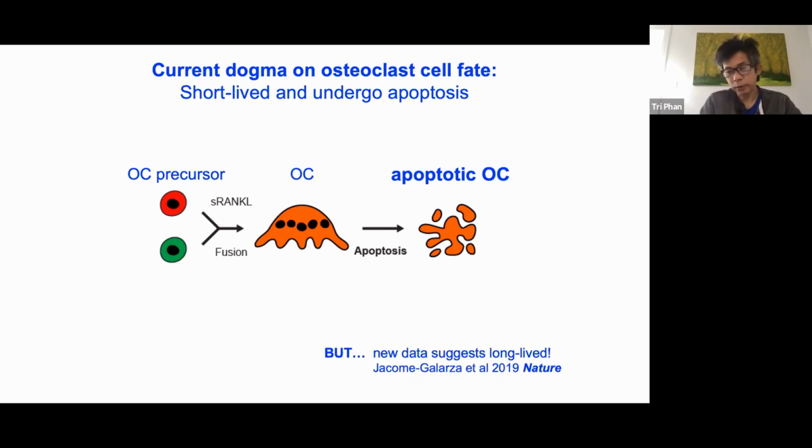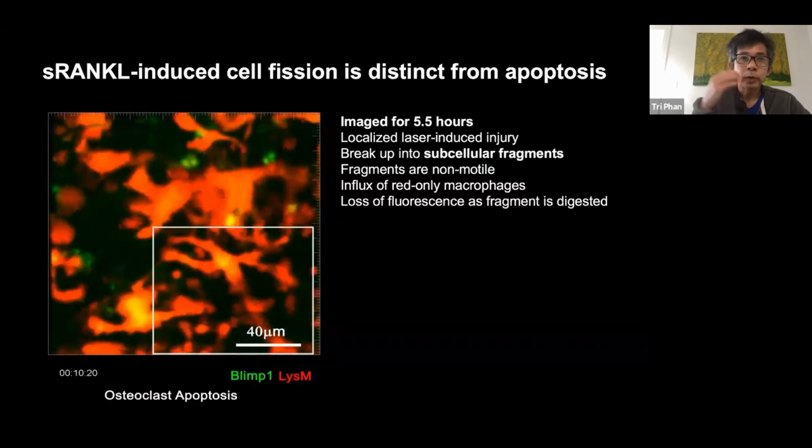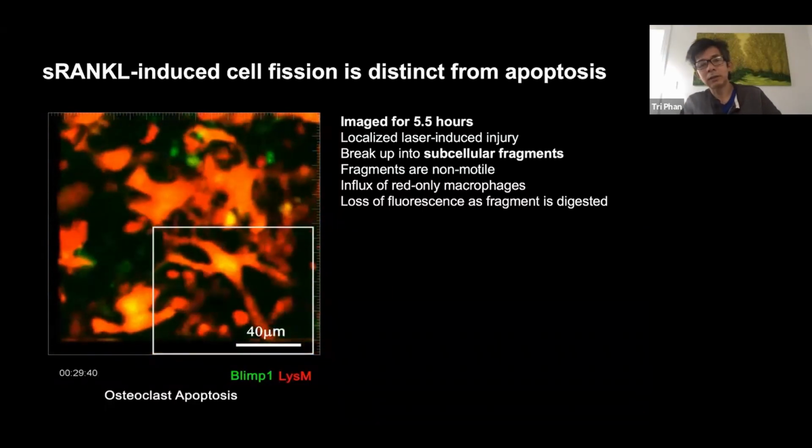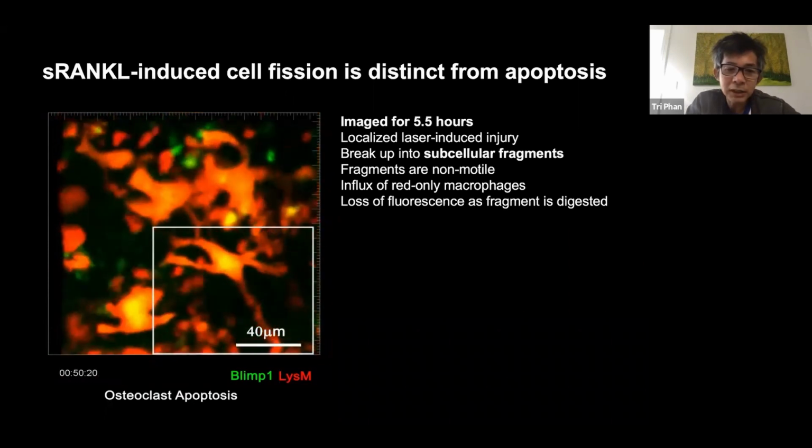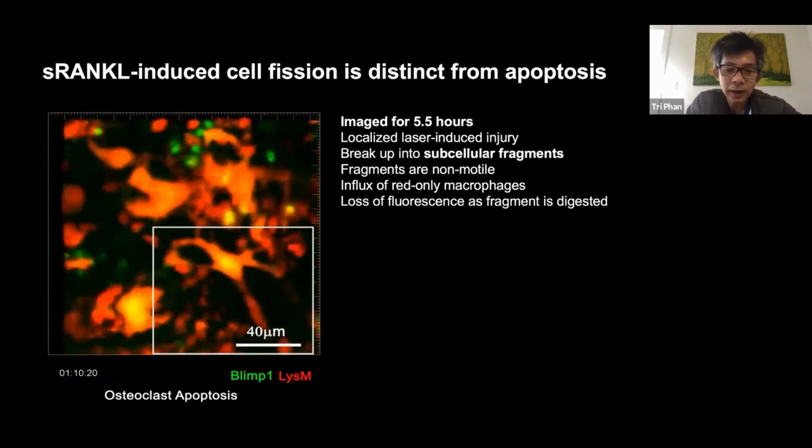And certainly, although the dogma says that the cells are short-lived and undergo apoptosis, as recently as 2 years ago, really beautiful work from Frederick Geismann's lab using parabiosis showed quite clearly that osteoclasts can be much longer lived than the dogma was suggesting. So the wheels were already starting to come apart on this idea that the cells undergo apoptosis. So we looked and looked, and in well over 100 hours of imaging, we really could not see any apoptotic events.